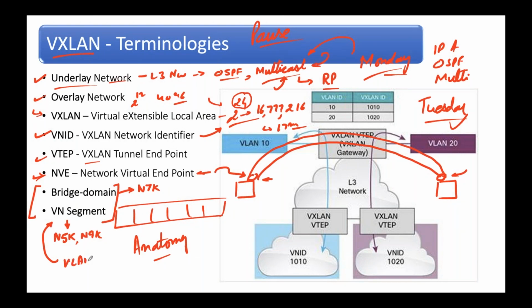This is the VLAN segment. VN segment in case of our overlay, however, VLAN segment in case of our underlay. When we say VN segment, we are going to talk about the VNID. This is what we configure. When we say VLAN segment, we just configure the VLAN ID. We just focus our attention on VLAN ID configuration.